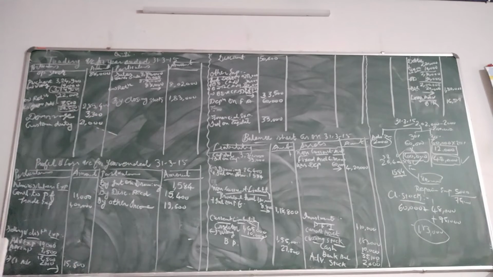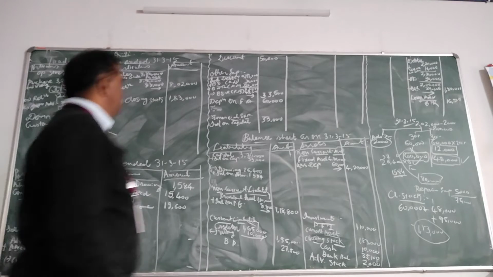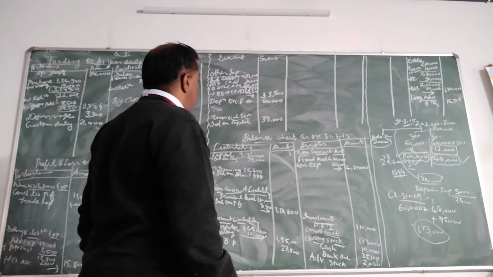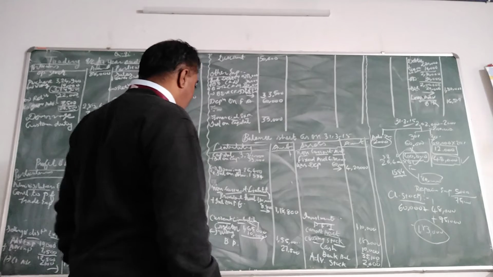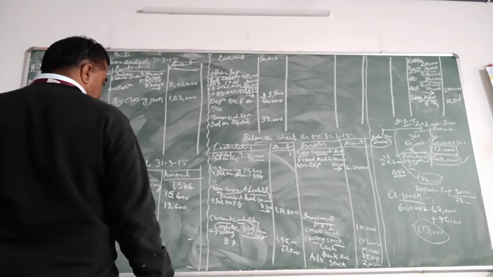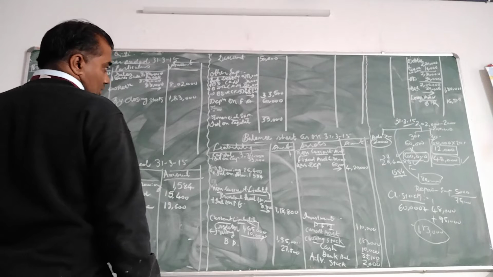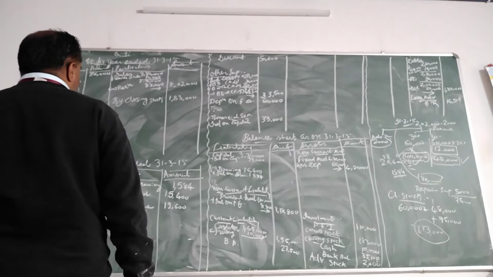We have 2,85,400 in the outer column. Check whether any calculation on the outer column is pending or not. Okay, I think all have been completed.